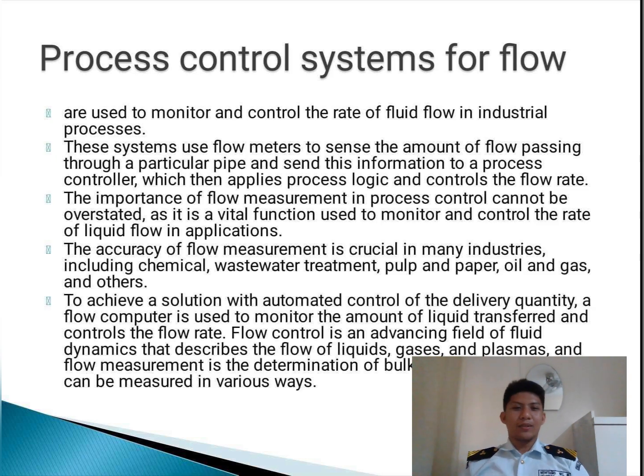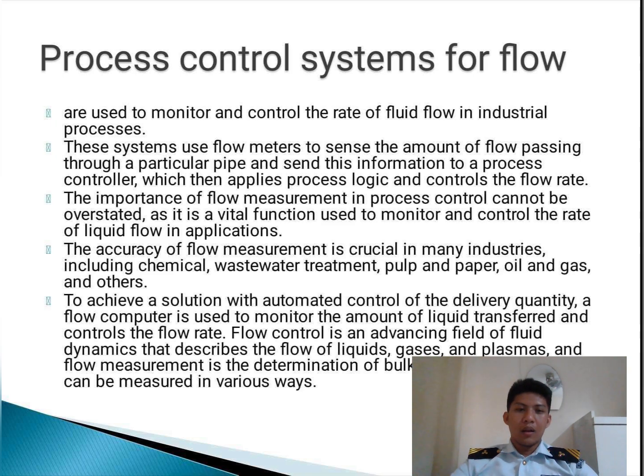I am here now to discuss to you the process control systems for flow. So, what is a process control system for flow? From the word itself, control systems. It consists of instruments and devices that are used to monitor and control the rate of fluid flow in industrial processes like machineries and many more.